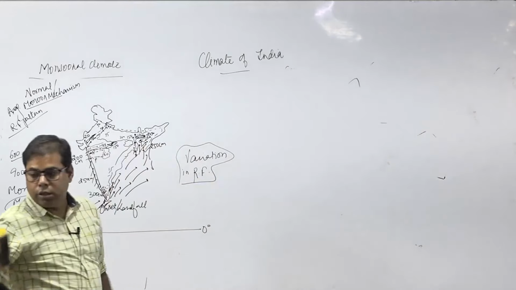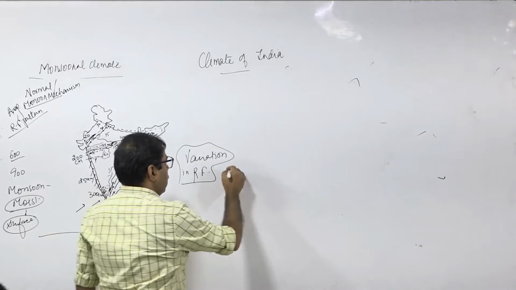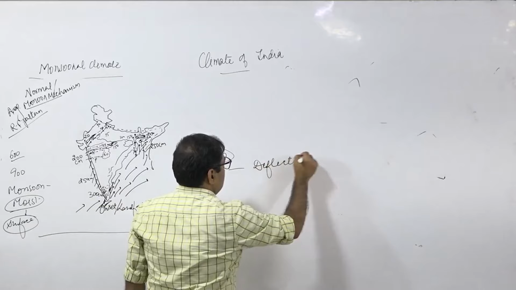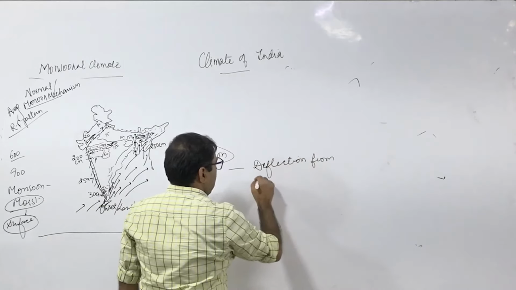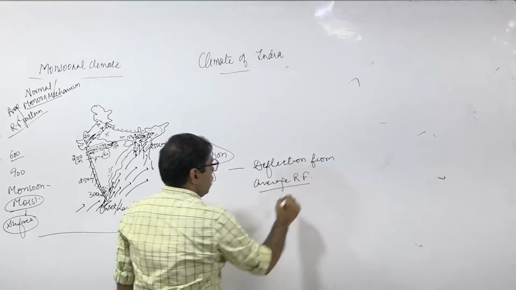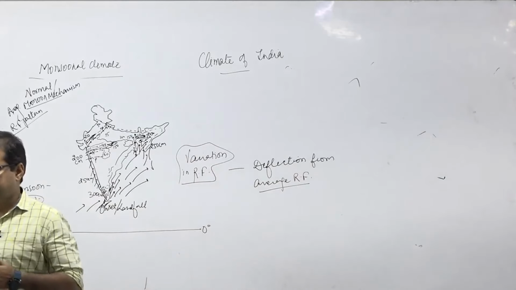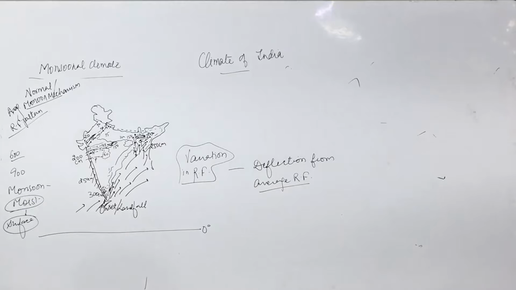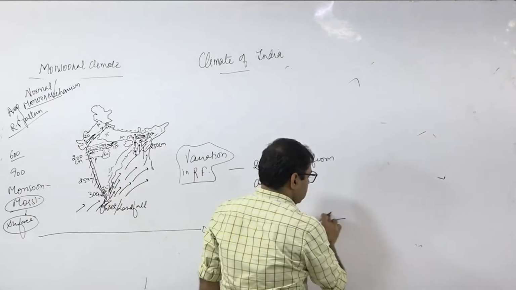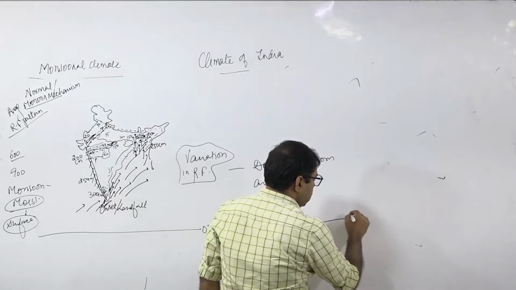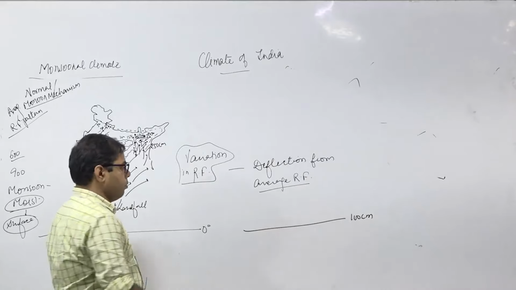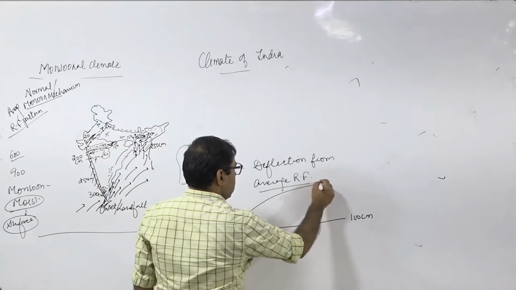It means deflection from average rainfall. Deflection from the average rainfall means, if the average rainfall of any area is 100 centimeter, it can be more, up to 200 centimeter, or less, about 20 centimeter less than 100 centimeter.